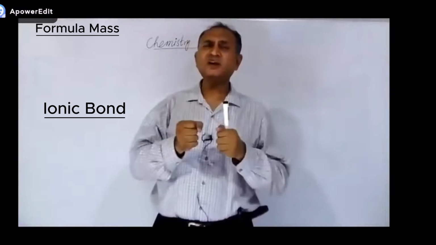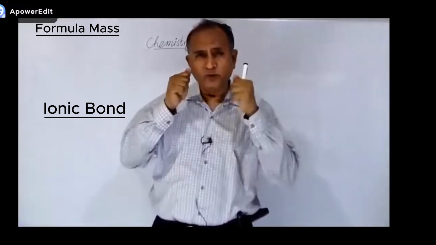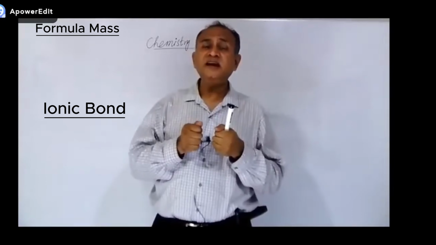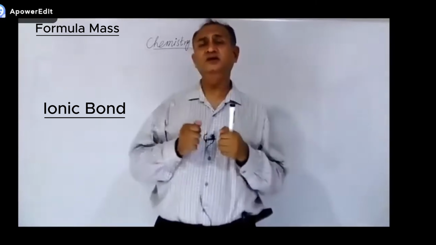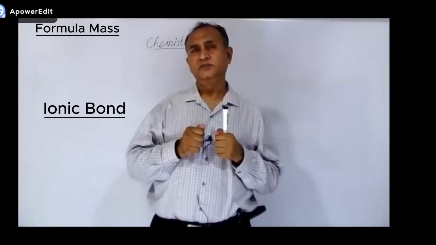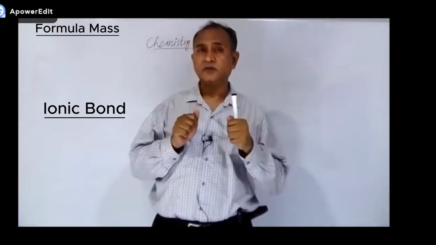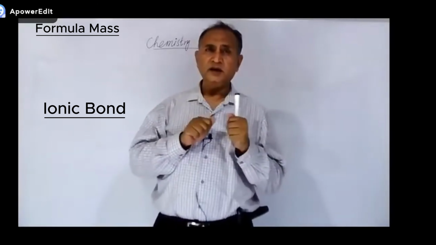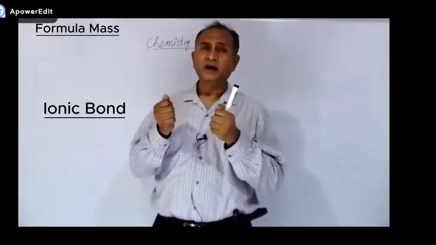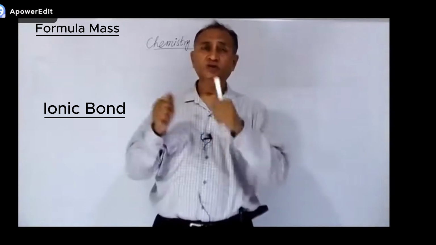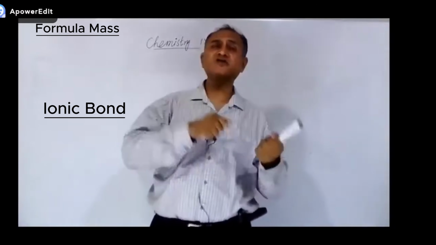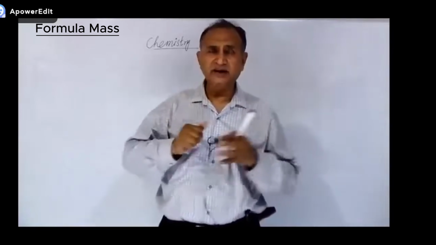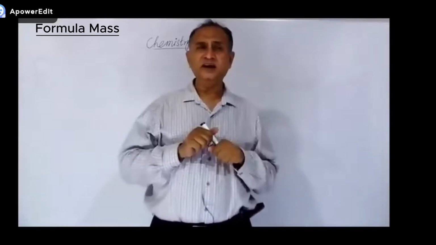And in such compounds, what is the point to be noted? In such compounds, there isn't any formation of a molecule. No molecule is formed in ionic compounds, in those compounds in which transference of electrons occurs. So what is the bottom line here? What is the summary here?